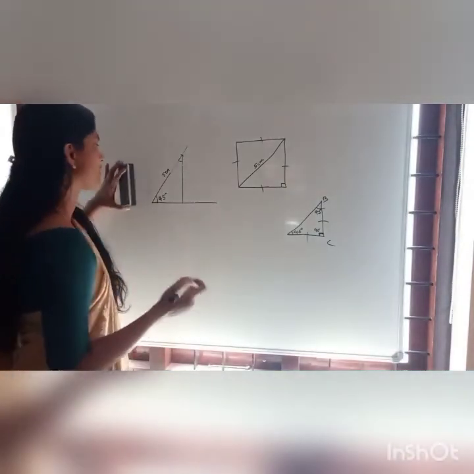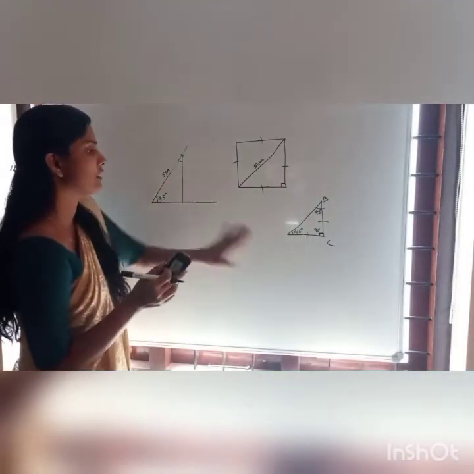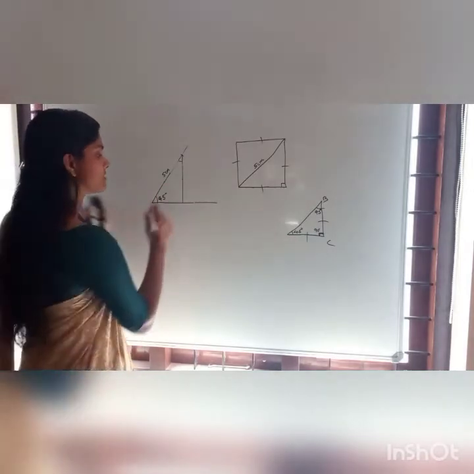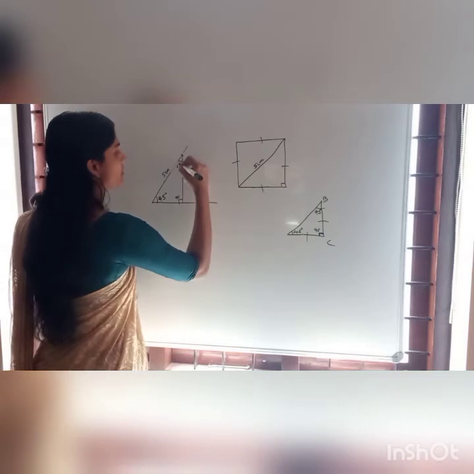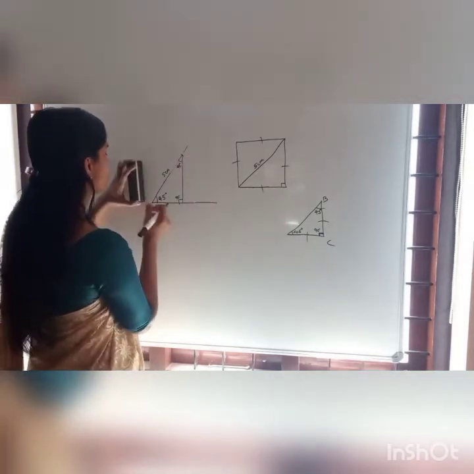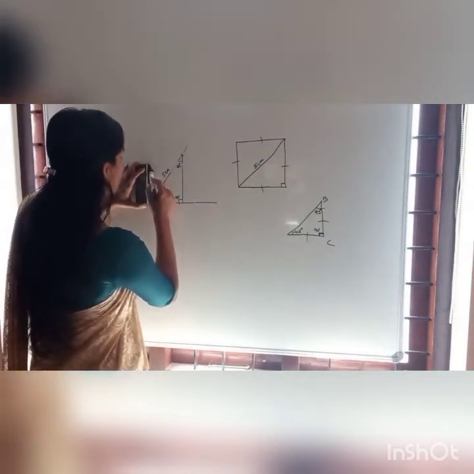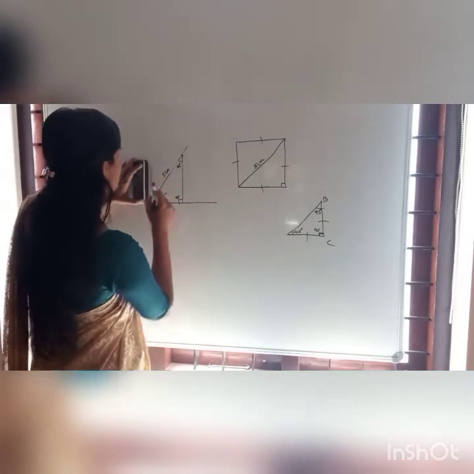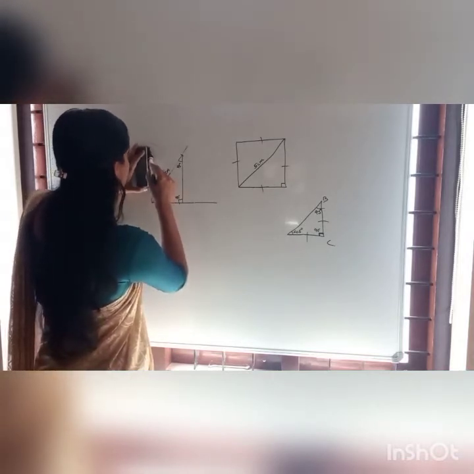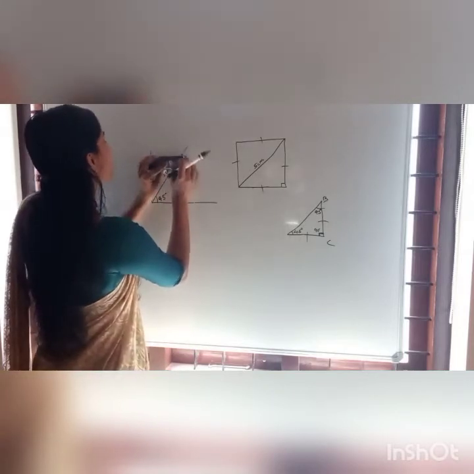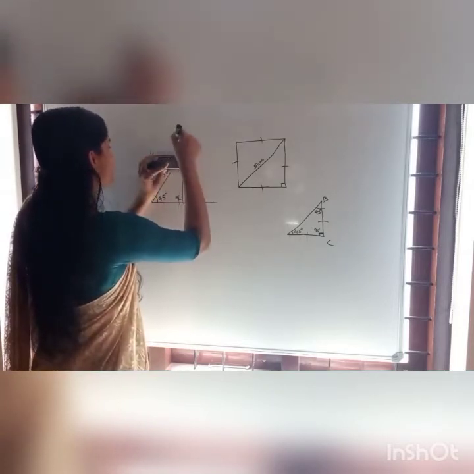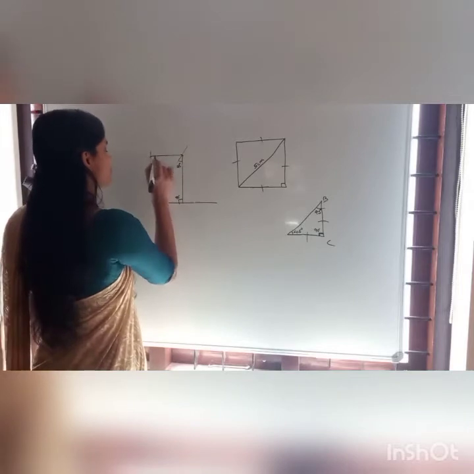Okay, now we have got a triangle like this, right? This is a 90 degree, this angle is a 45 degree. Now we have to draw perpendicular lines over here. Now join this point with the perpendicular line that we just drew.